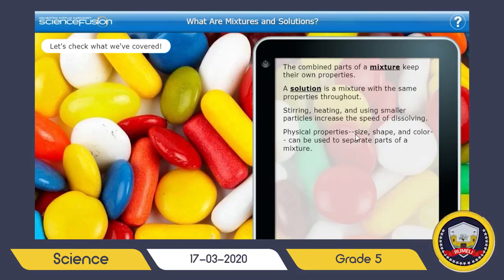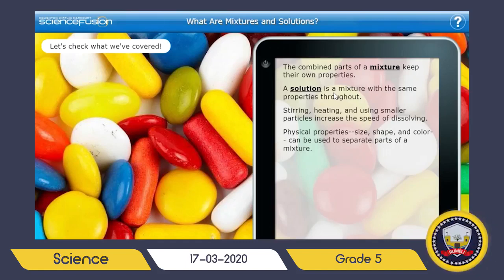Physical properties like size, shape, color can be used to separate parts of a mixture. Also, density can be used to separate the parts of a mixture. Magnetism can be used. The state of materials can be used. And the particle size, like for filtration, can be used to separate the parts of a mixture.